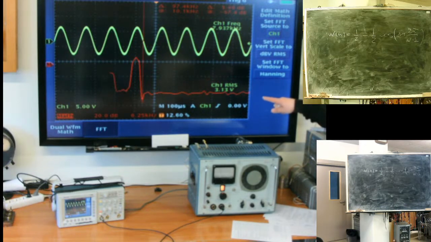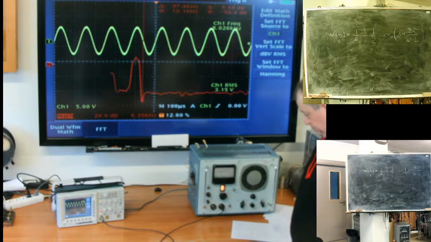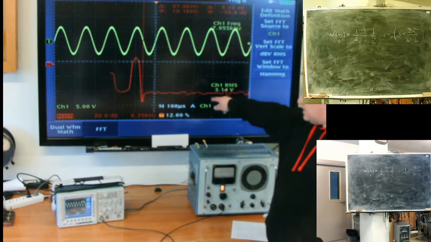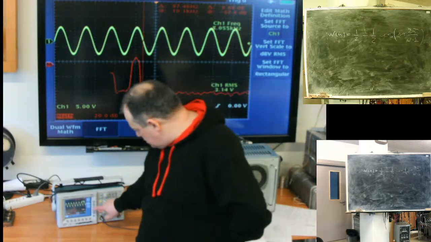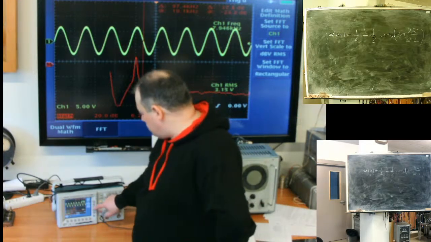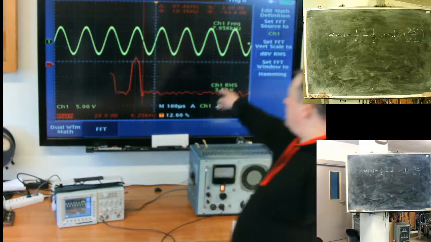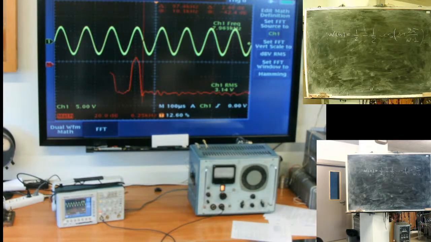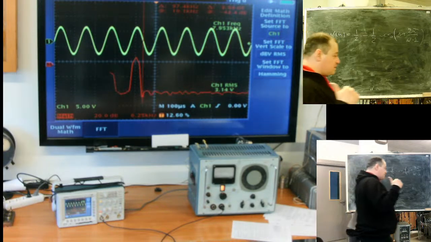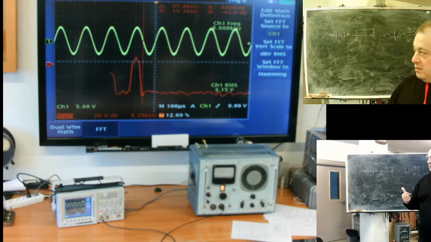Like this Hann window, it will help us to maintain sensitivity. This is rectangular, this is Hamming. With Hamming, you see, this line is lower, so a good observation window gives us stability.